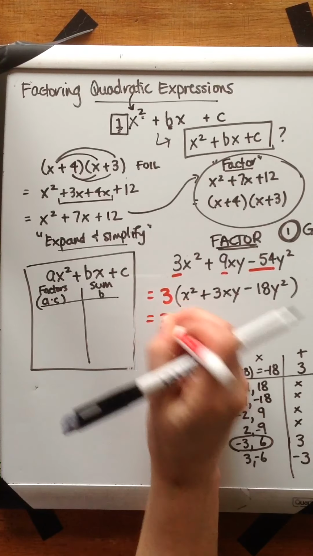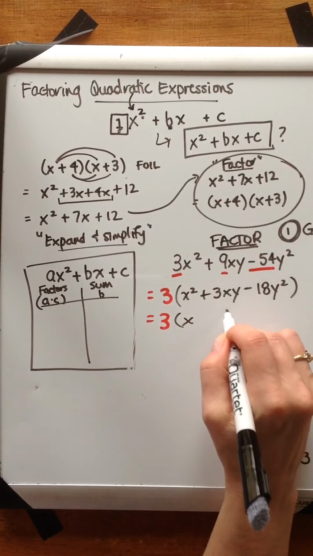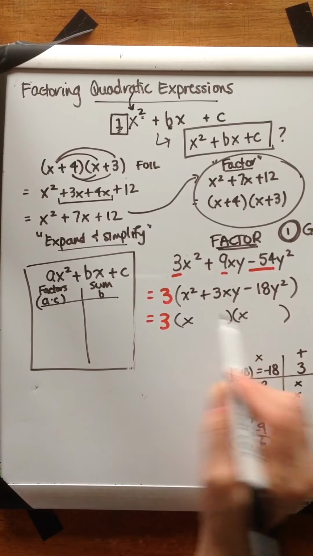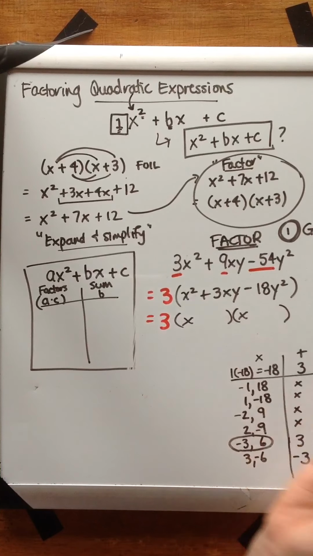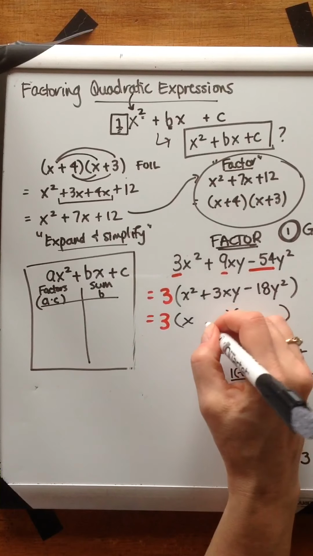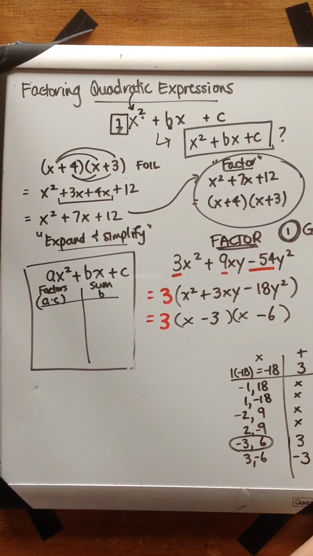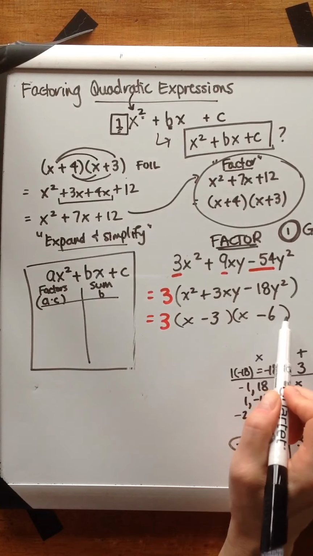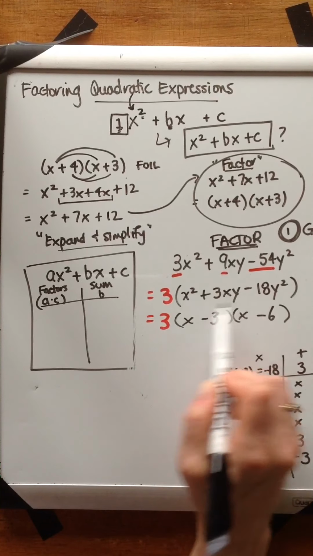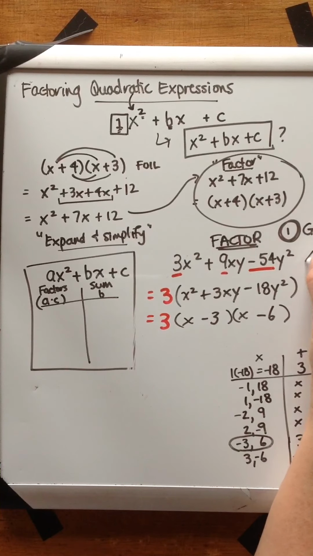So this is equal to 3 times, again, we can start each of these with an x because the first, when multiplied, will give x squared. And then we can put our negative 3 and our negative 6 in here. Negative 6. And if you were to do the full expansion of this, of course, doing the binomial first and then distributing the 3, you should end up with the question that you started with.